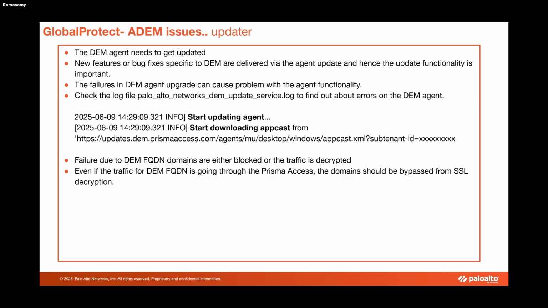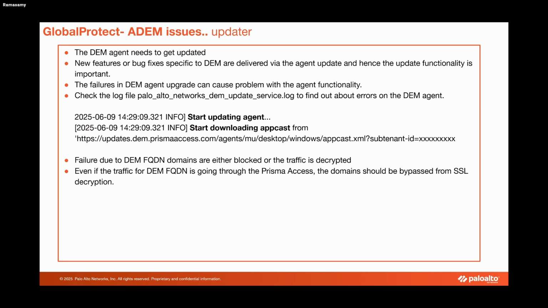You can check the log file Palo Alto Networks DEM update service.log to find out about errors on the DEM agent, and look for the keyword start updating agent to find the update log.